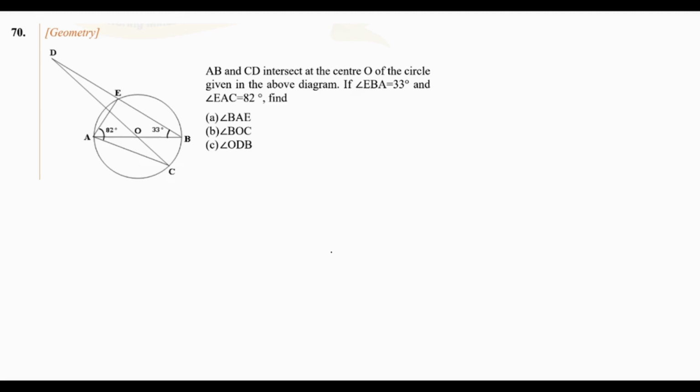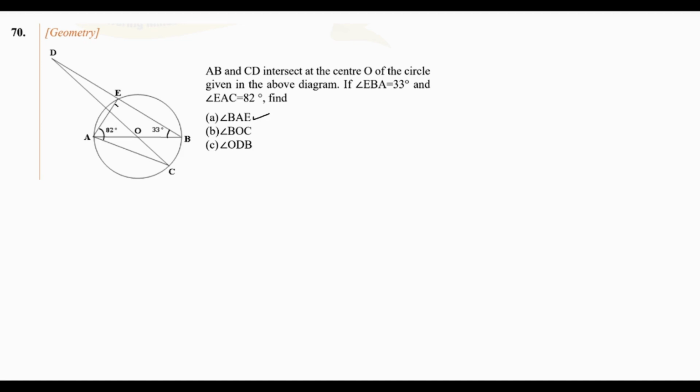So now let me take the last question over here. AB and CD intersect each other at O of a circle given in the above diagram. EBA is 33 degree and EAC is 80 degree. BAE you are supposed to find out. So BAE is this one.